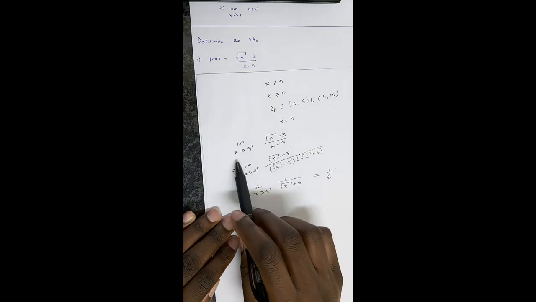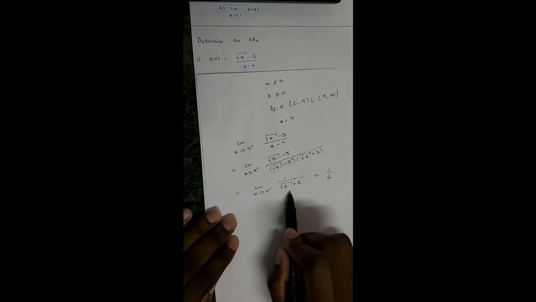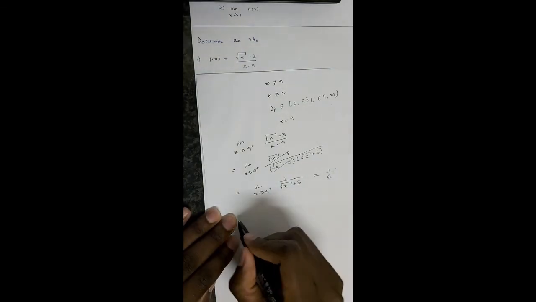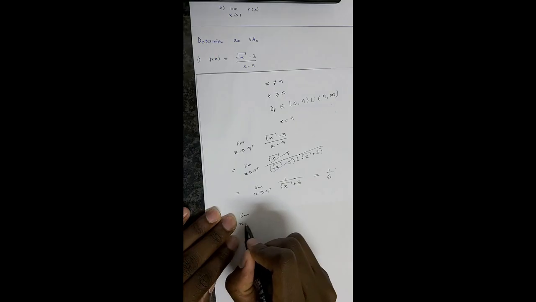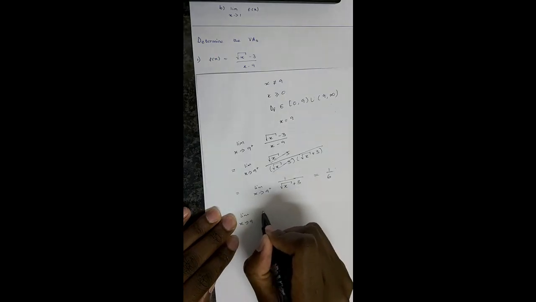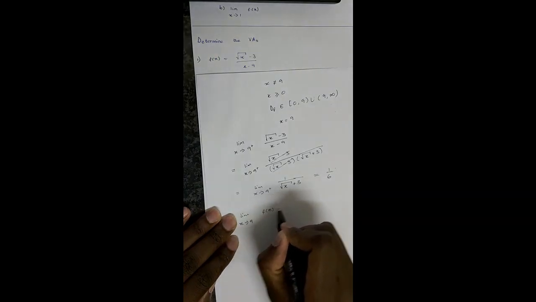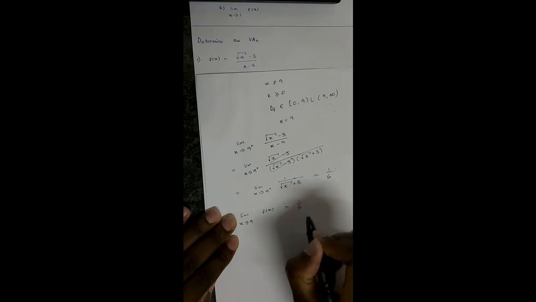As x approaches 9 from the negative, we'll still end up there, and we'll still get 1 over 6. Hence, the limit as x approaches 9 of f of x is equal to 1 over 6, which is not infinity. So there is no vertical asymptote for this f of x.